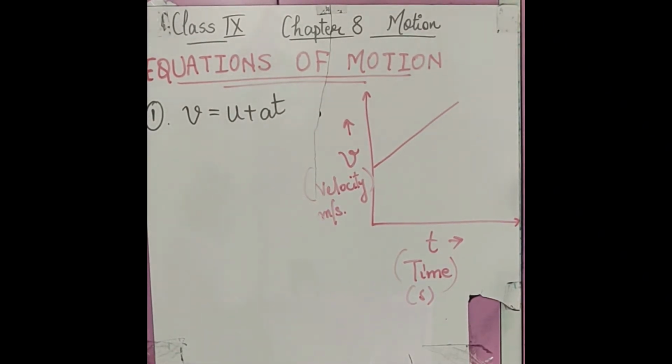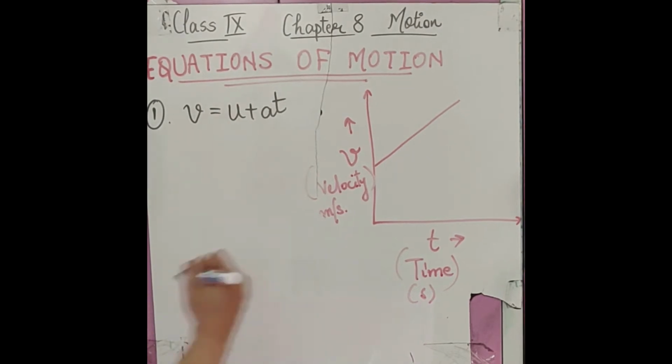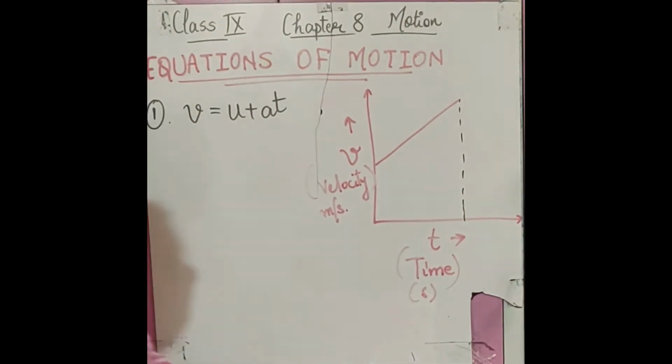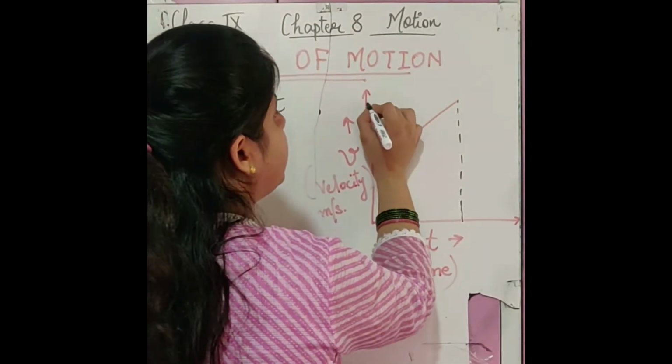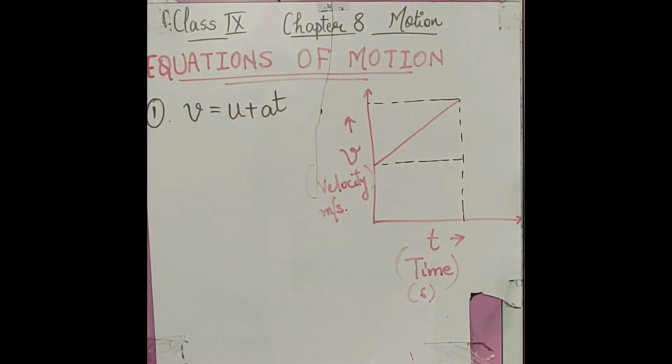Now we have the graph with us. Let's name this graph. What we do, we draw a dotted line over here and over here. And we also draw a line over here.